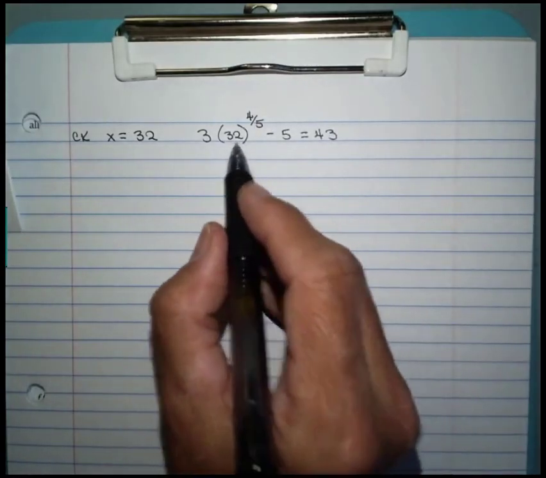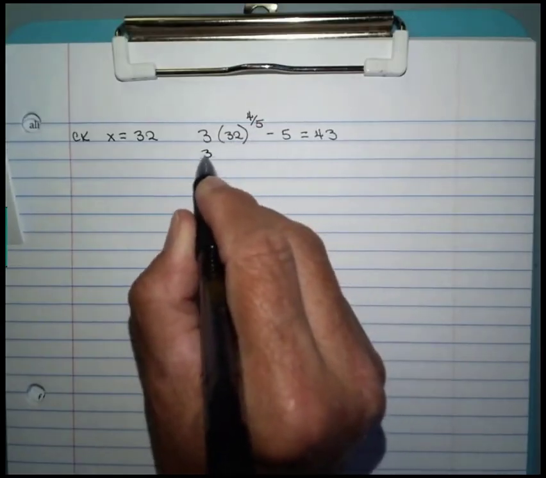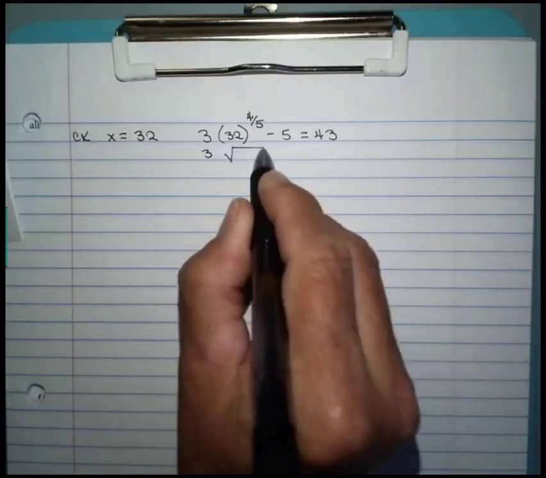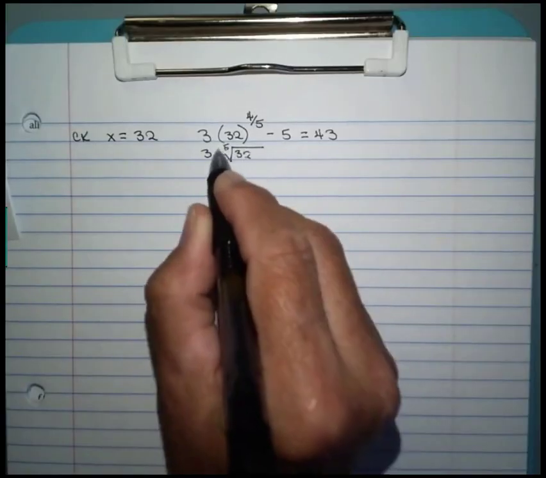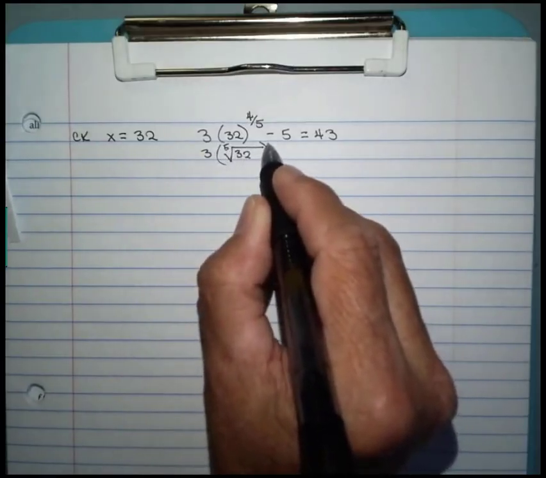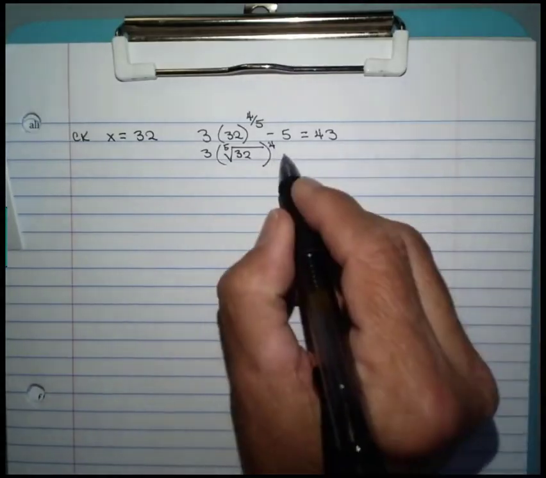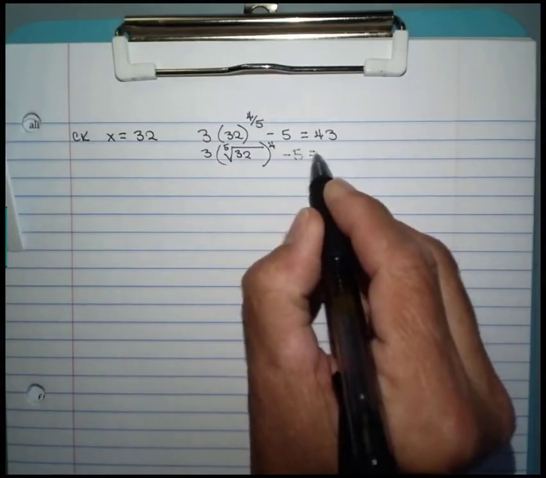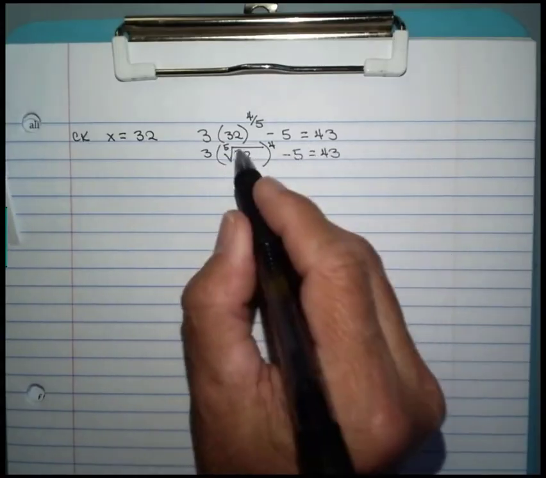Okay, so when I do 32 raised to the power of 4/5, I'm going to say that is really the 5th root of 32, and it is raised to the power of 4, right? Okay, so I've got 3 times the 5th root of 32 raised to the power of 4, minus 5 is equal to 43. And the 5th root of 32, we talked about this before.